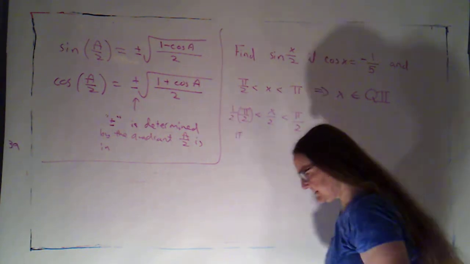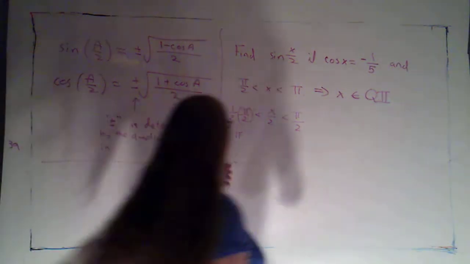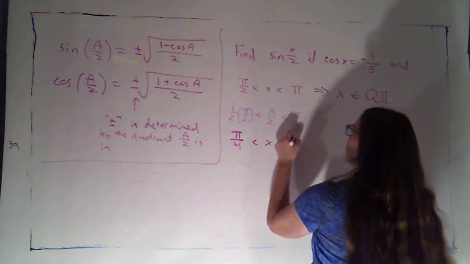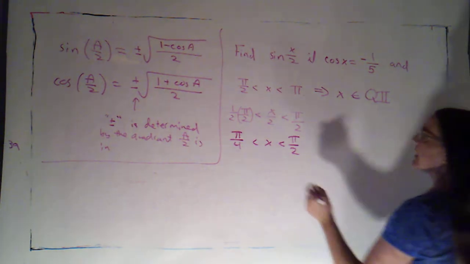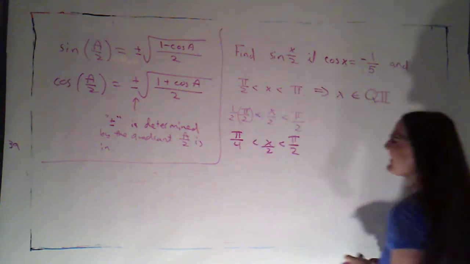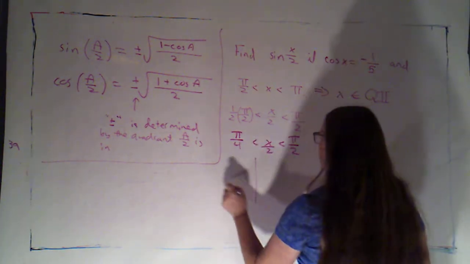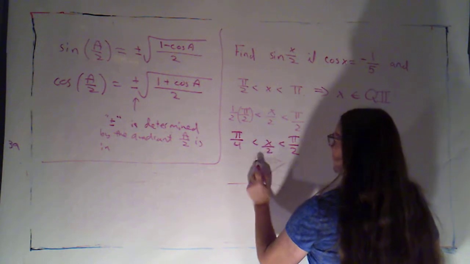That x, oh dear, I grabbed the wrong marker here. Here we go, this is better. X is going to be between pi over 4 and pi over 2. I'm sorry, x over 2, my bad. X over 2 is between pi over 4 and pi over 2. Well, pi over 4 would be here, pi over 2 would be here.